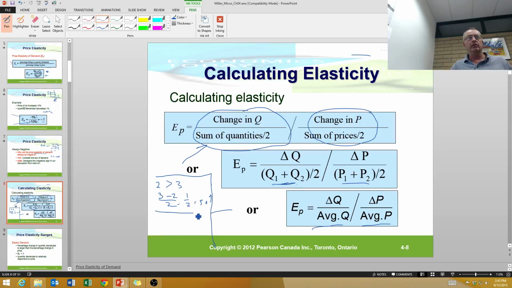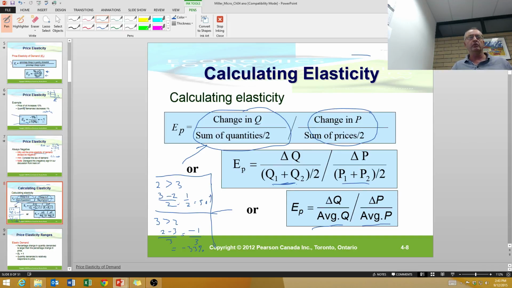And then, of course, if we went in the other direction, if we decline from 3 to 2, and we calculated the percentage change, we would get ending value of 2 minus 3 over the beginning value of 3 equals minus 1 over 3 equals minus 33%.